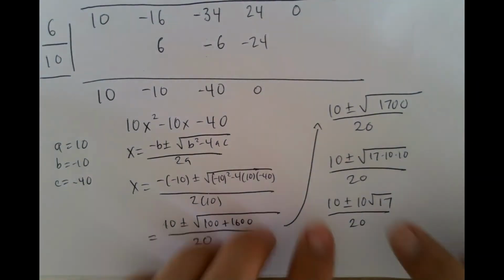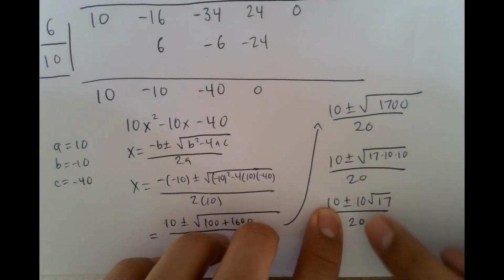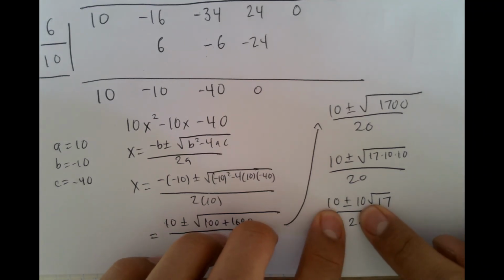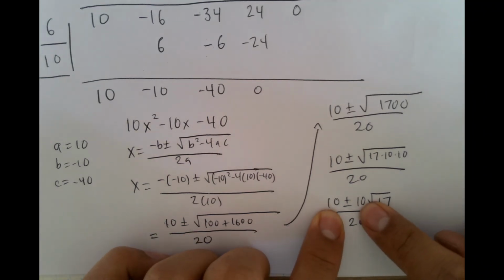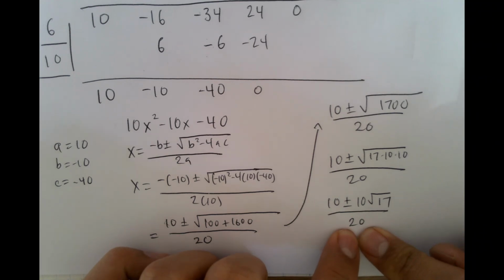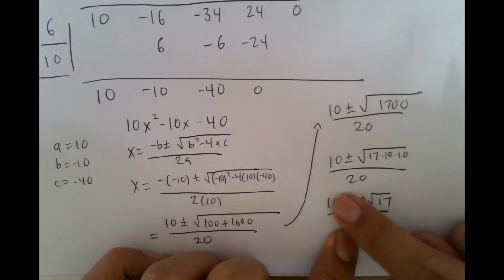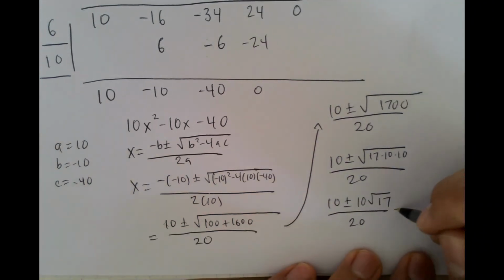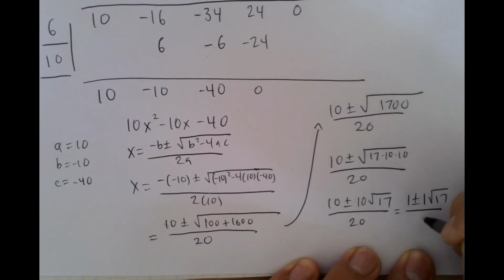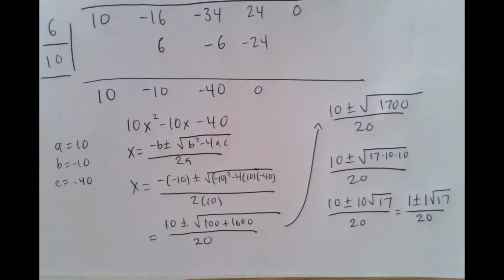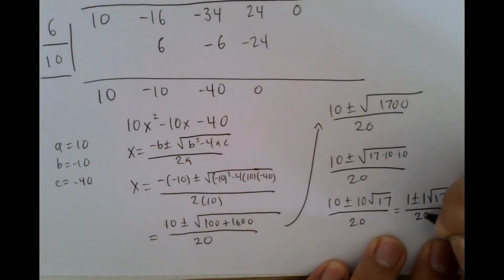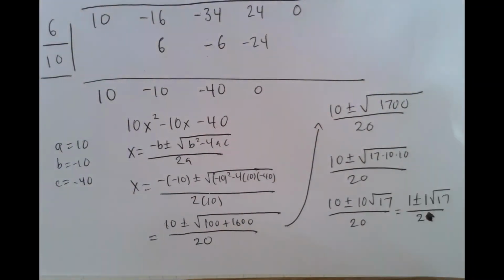You can divide each of these things by 10. Since there's a 10 on the outside, there's a 10 here, and there's a 20 right here, we could divide each of these things by 10. So that would equal 1 plus or minus 1 square root of 17 divided by 20. Or sorry, divided by 2. And that is your answer.